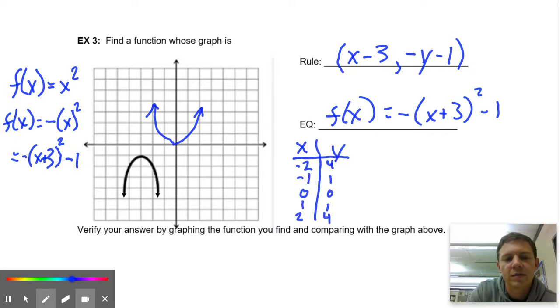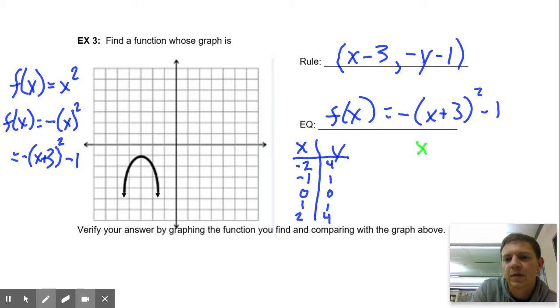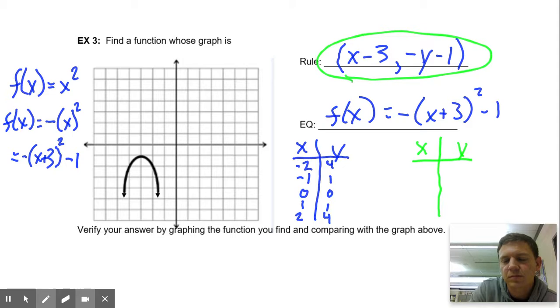Okay, so the bottom says verify your answer by graphing and comparing to what you see above. Okay, so I gave you a new xy chart there, and that's the xy chart for the parent function. Okay, and then next to it, in green, I'm going to give the xy chart for our rule.